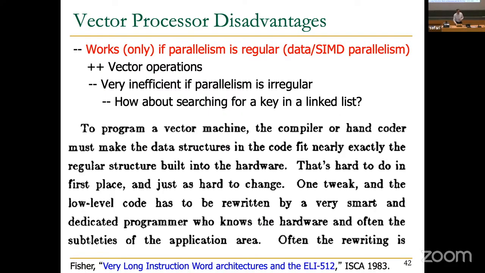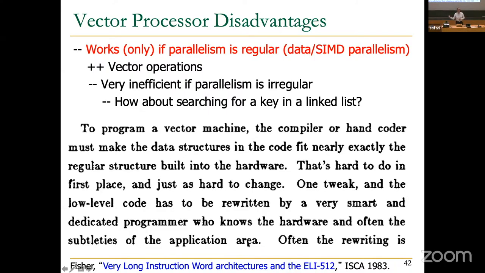And this is exactly why the VLIW paper says this. To program a vector machine, the compiler or a hand coder must make the data structures in the code fit nearly exactly the regular structure built into the hardware. That's hard to do in the first place and just as hard to change. One tweak and the low-level code has to be rewritten by a very smart and dedicated programmer who knows the hardware and often the subtleties of the application area.